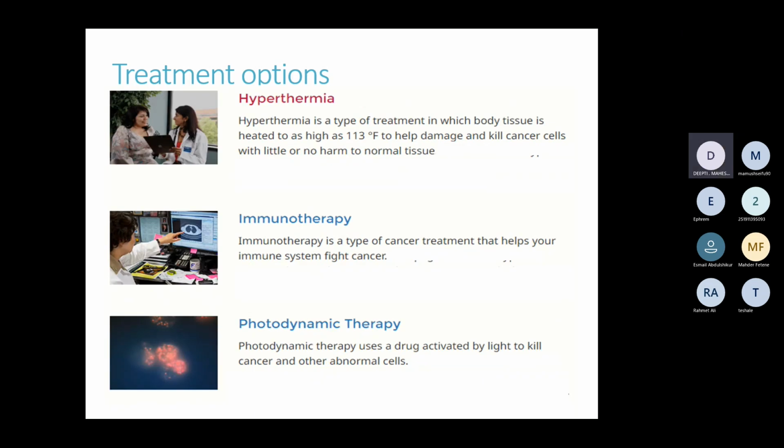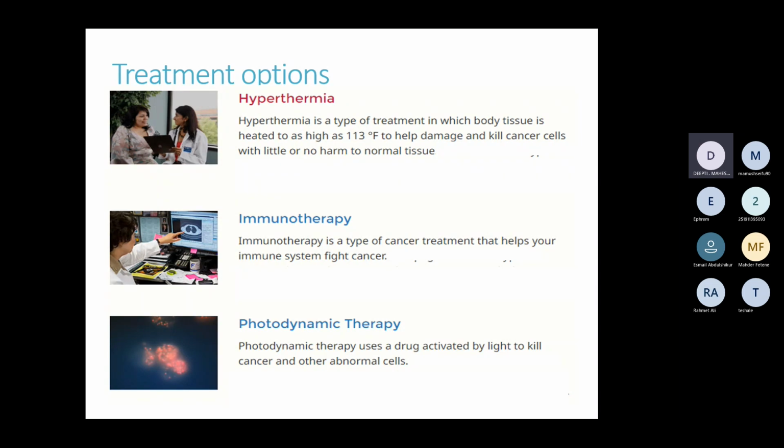Then nowadays you have a technique called hyperthermia. Of course, we will not study all this in detail, but I'm just giving it for your information. What is hyperthermia? Hyperthermia is a type of treatment in which body tissue is heated to a temperature like 113 degrees Fahrenheit to help damage and kill the cancer cells with little or no harm to the normal tissue.